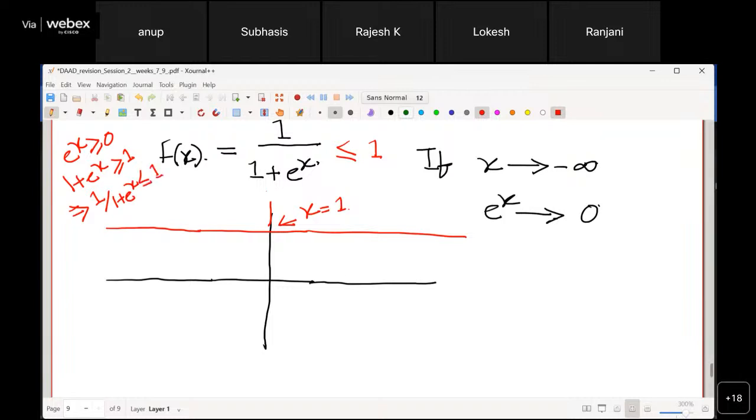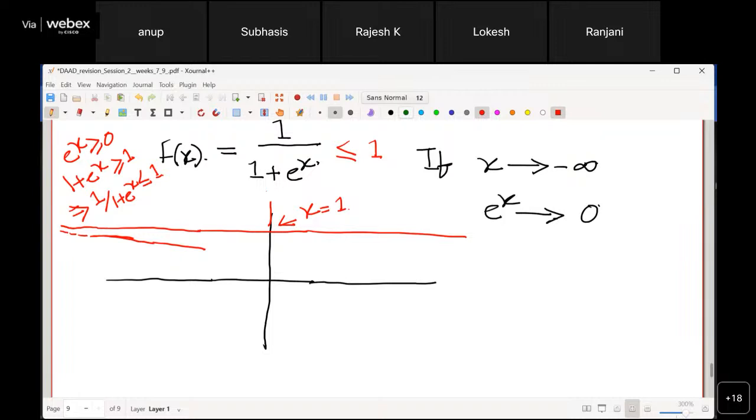When we are going towards minus infinity, the value of the function is going towards 1, closer and closer to 1.